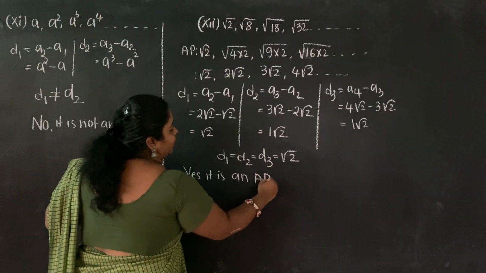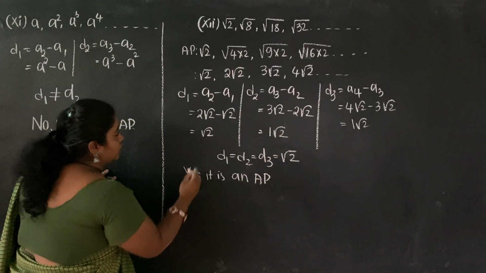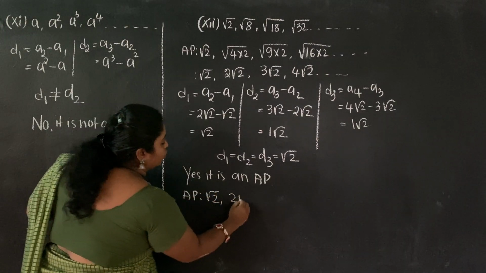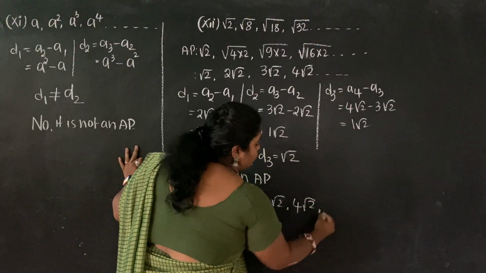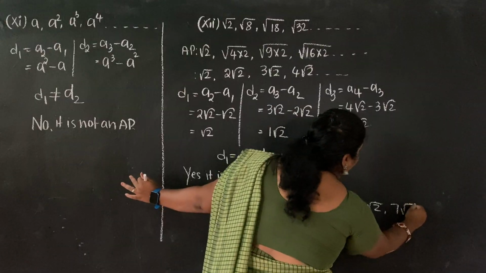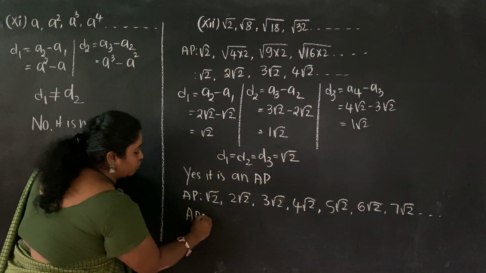Okay, if it is an AP, I have to write the next few terms, dear. How can I write it? You just see here, by simplified form, I'll write root 2, 2 root 2, 3 root 2, 4 root 2. Next, what will I be writing? 5 root 2, 6 root 2, 7 root 2. Okay, but they have given it in the complex form. Like that also I have to write, right?